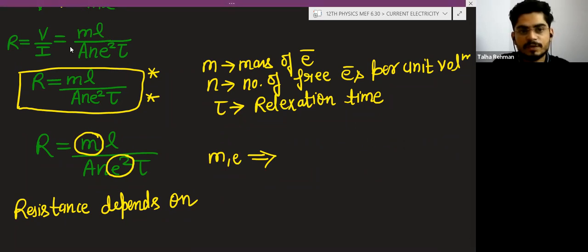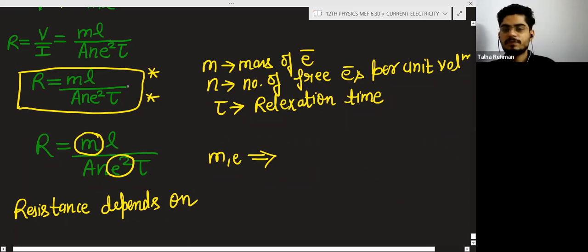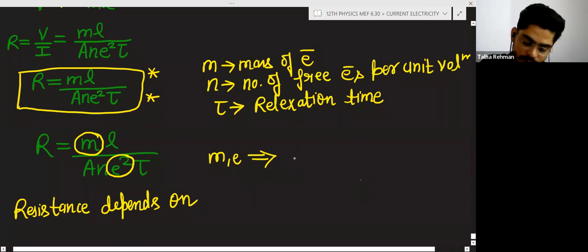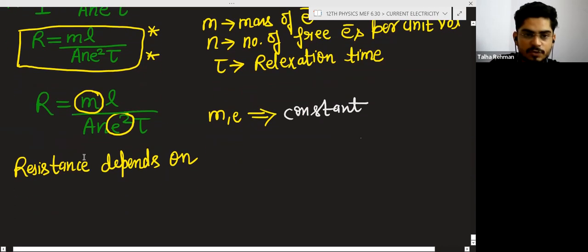If you are moving with the speed of light or with a speed comparable to the speed of light, then the mass of a body can also increase. This is with respect to the theory of relativity. So by the way, mass and charge are constant here.